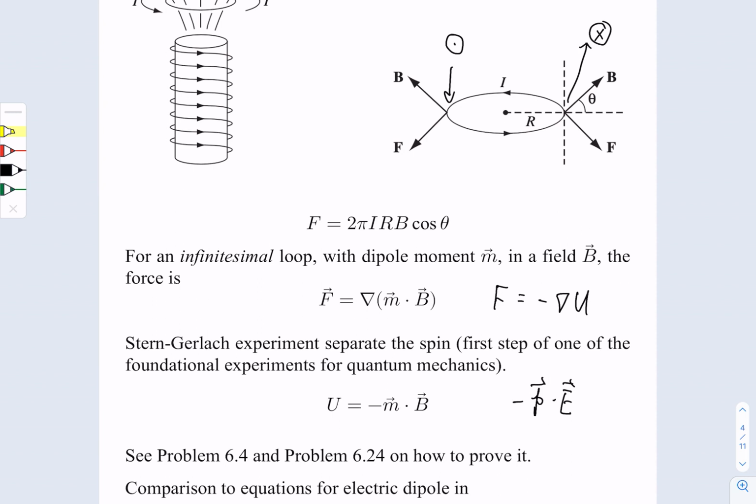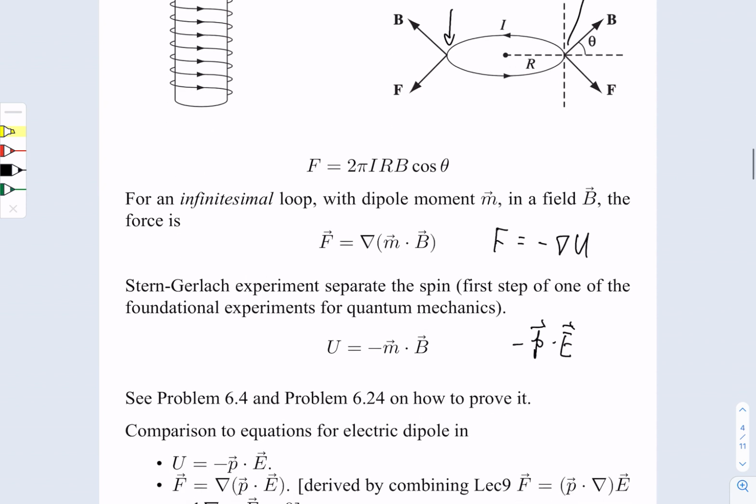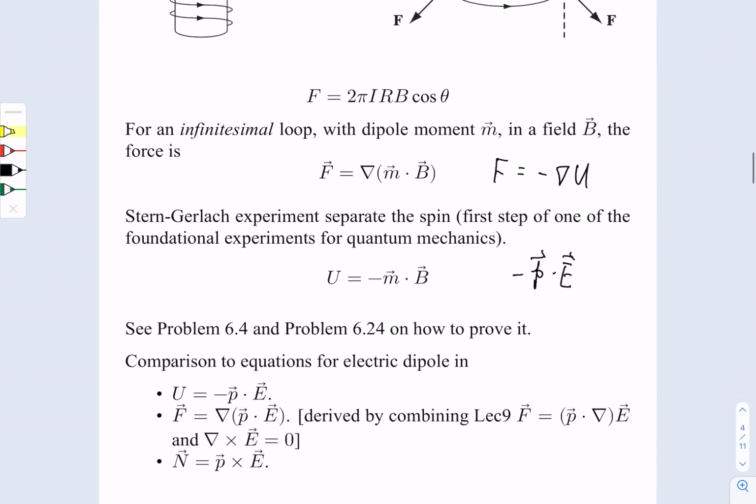So now you see that electrostatics is quite similar to magnetostatics. If you want to know how to prove the equation here, you can see problem 6.4 or 6.24 in Griffiths on how to prove it.